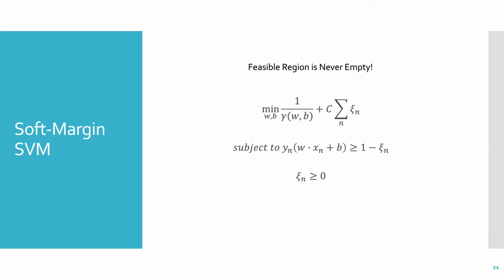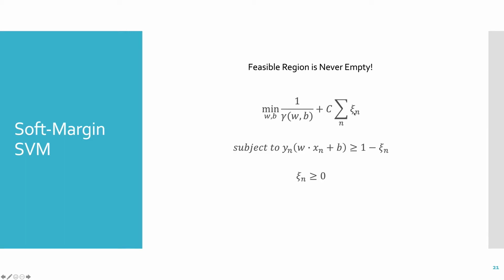This optimization problem is very similar to the hard margin SVM, where we have minimizing 1 over gamma, which is maximizing gamma, which is maximizing the margin, and then we have this additional term in the minimization. These are our slack variables, and they have to be greater than or equal to 0. For all of our correctly classified samples, they're 0, so that's already minimized.